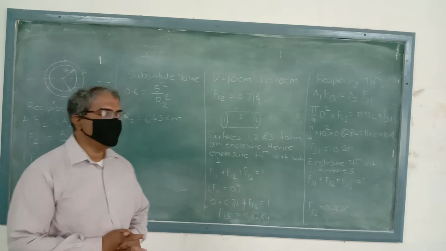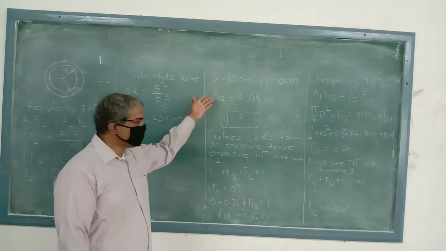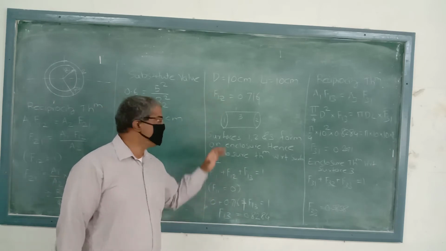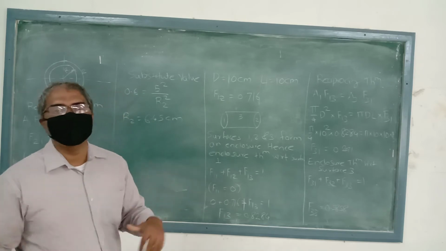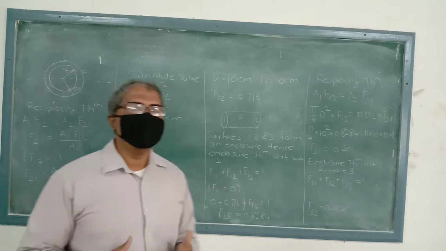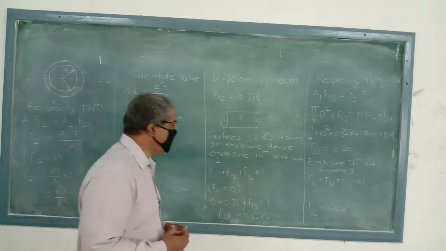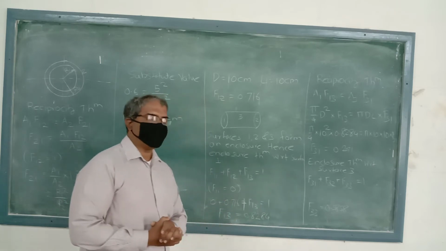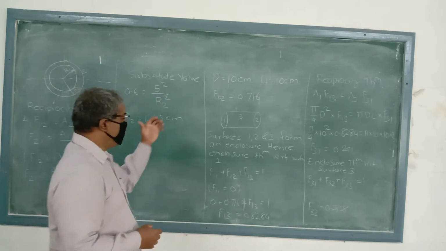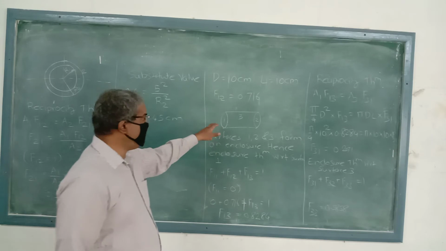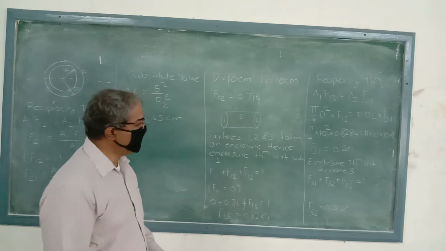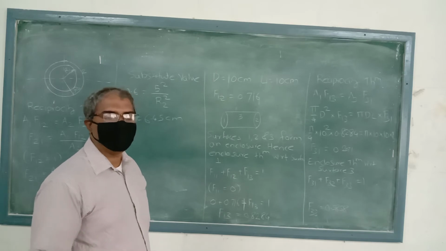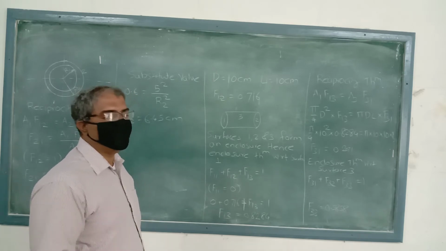Also, they have given the shape factor of these two, surface one and surface two. Now this is a hollow tube and we have to find the shape factor of 1 to 3, then 3 to 1, and the shape factor of the third surface with respect to itself.